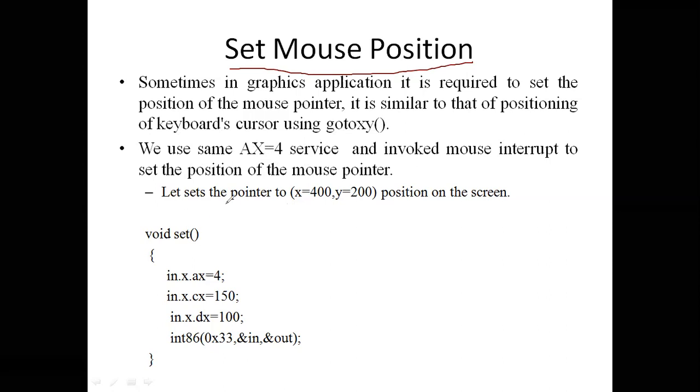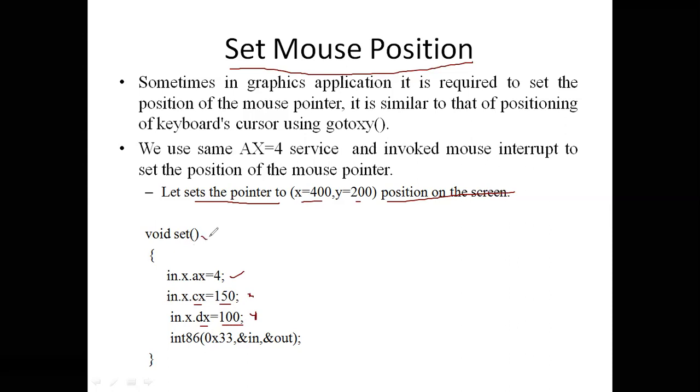In the example, let's set the mouse pointer to a location on the screen. The function is written with AX holding the service, CX holding 150, and DX holding 100. So this is the x value and y value.